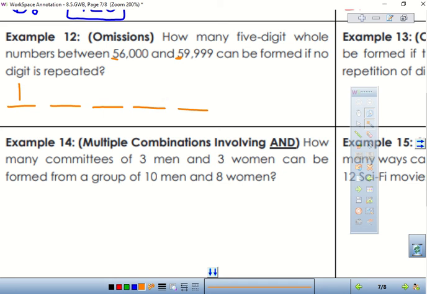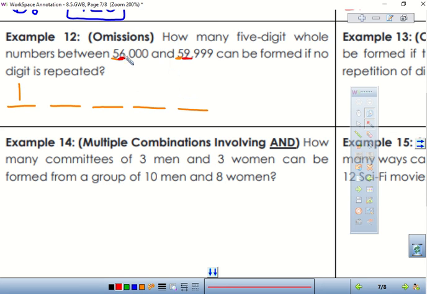Now, we know that the next digit right here is going to fall between these two numbers total. So it's either going to be a 6, a 7, an 8, or a 9, right?